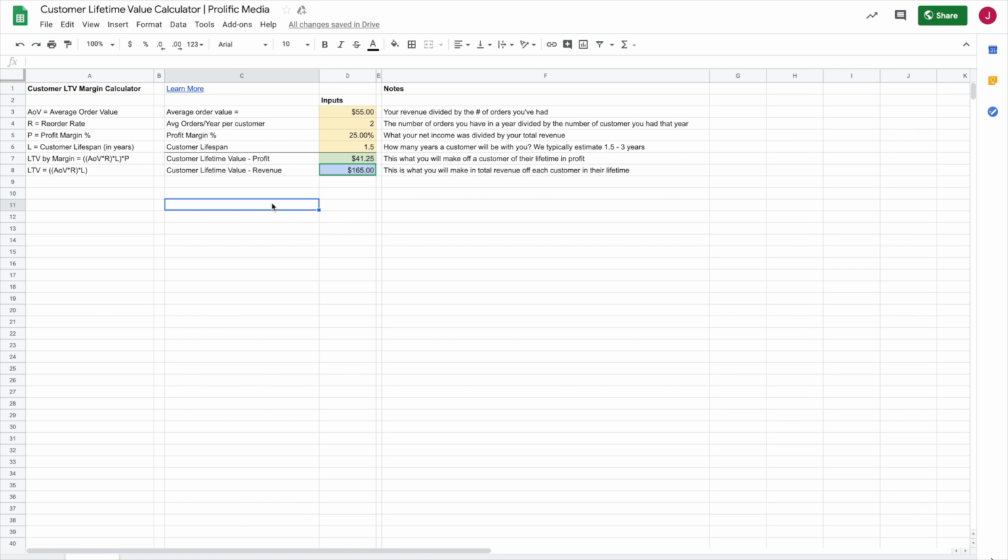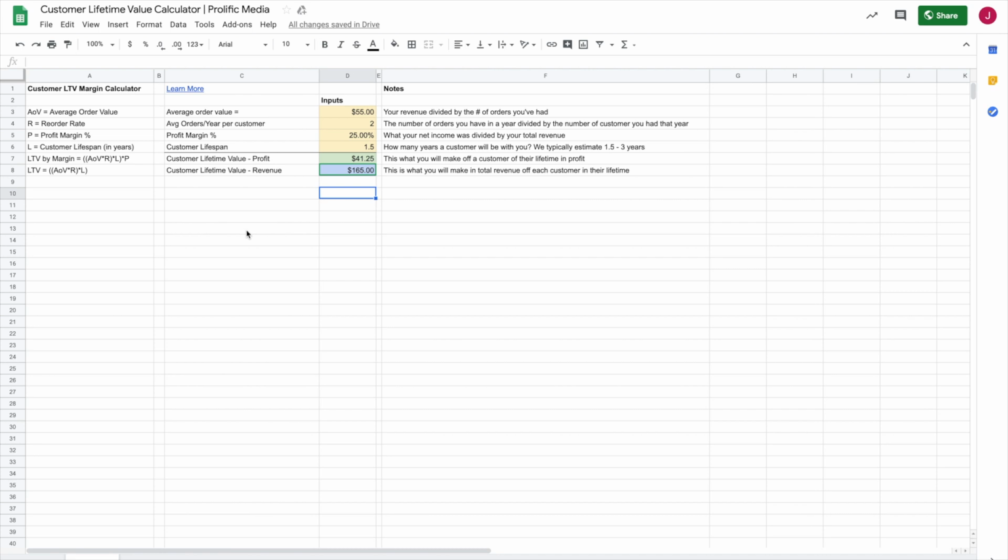Okay, so what this tells me here is the customer lifetime value profit over a 1.5 year period is $41. And the customer lifetime value revenue is $165. So on average, a customer will pay me $165 over a 1.5 year period.